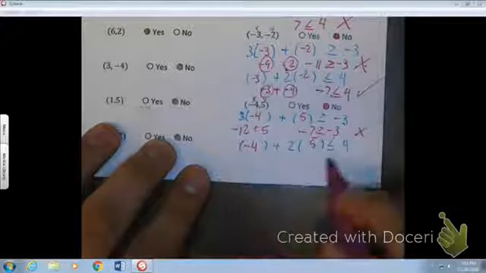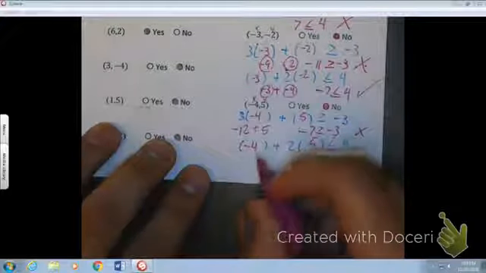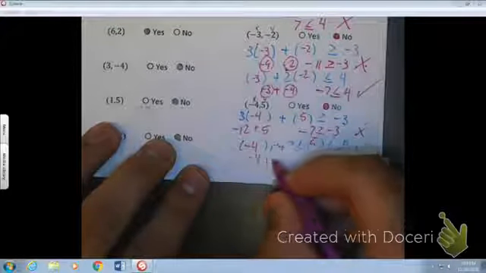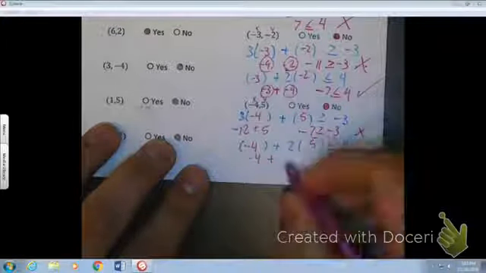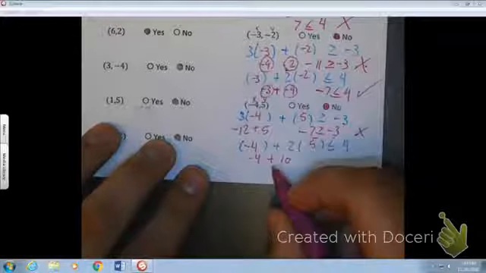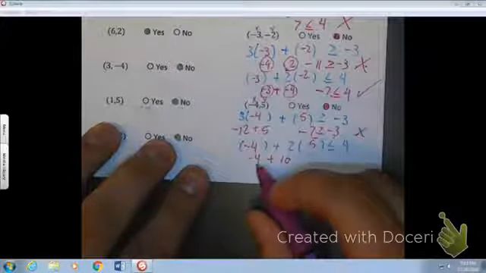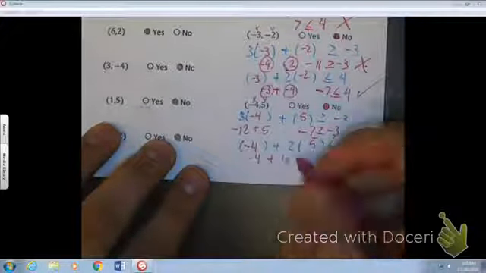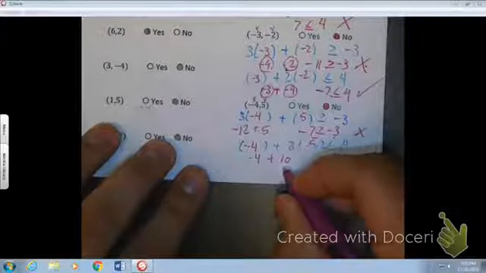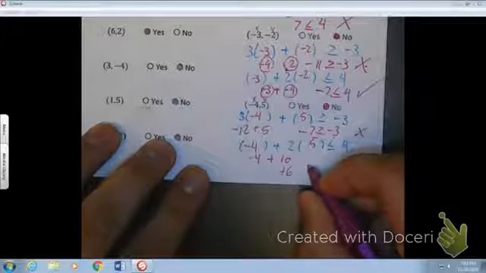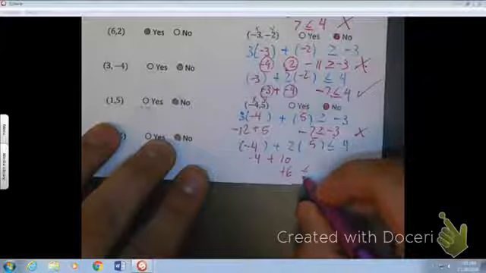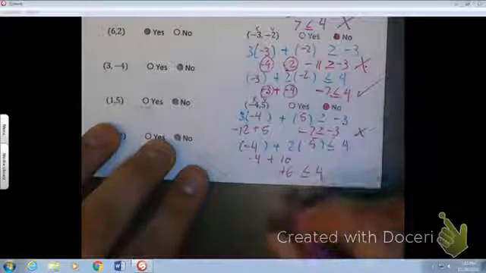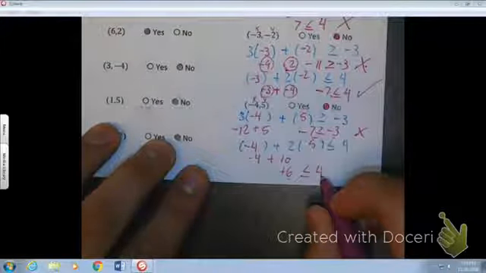Let's see if the other one would have worked out. Negative 4 plus 2 times 5 is 10. Negative 4 plus 10 is positive 6. Is that less than or equal to 4?